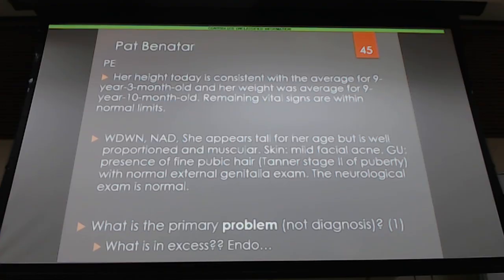Neurologic exam is normal. All right, so what is the primary problem? Remember, all I need you to be able to do for CAH is identify it, not treat it. So what's the hormone issue with congenital adrenal hyperplasia? Excess what? Keep going. What else comes out of the adrenal? Androgens, yes. So it's an androgen excess, because she appears to be days away from menarche, right?